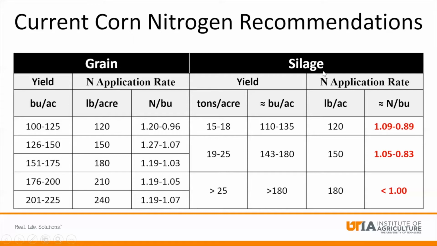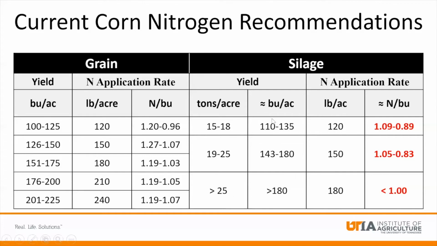These are our current silage recommendations. Again, we have different tiers of nitrogen application rate recommendations, but there's only 3 in this case: 120, 150, and 180 pounds of nitrogen, corresponding to 15 to 18, 19 to 25, and then above 25 tons per acre.